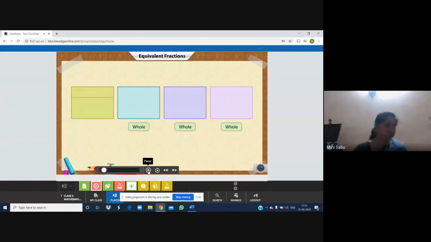Let's divide the first square into 3 equal parts. Each part here represents 1 upon 3. Similarly, divide the second square into 6 equal parts like this. Here, each part shows 1 upon 6.